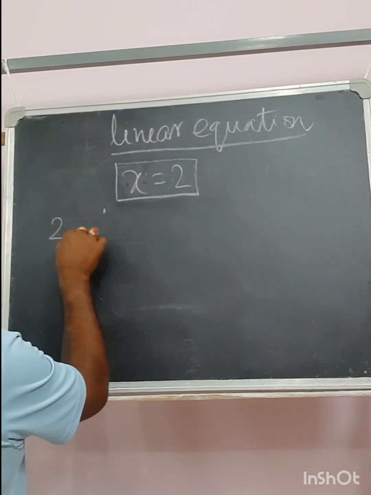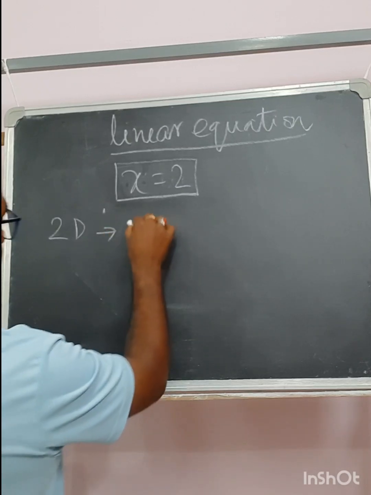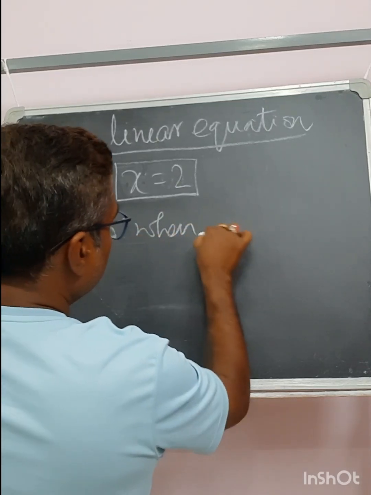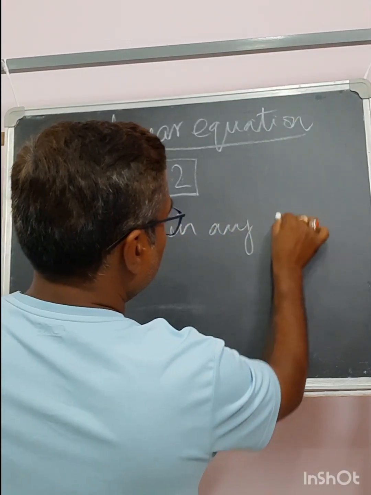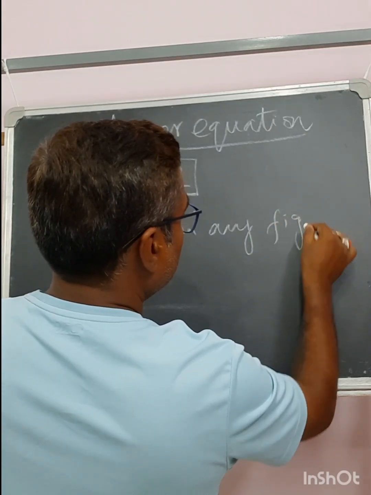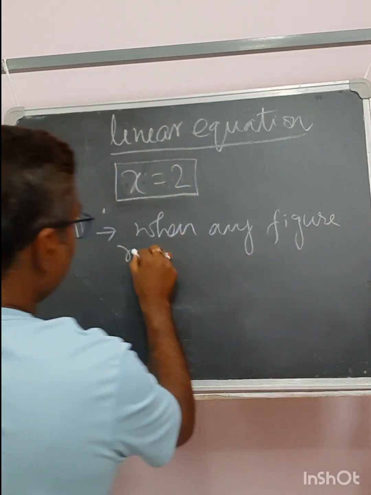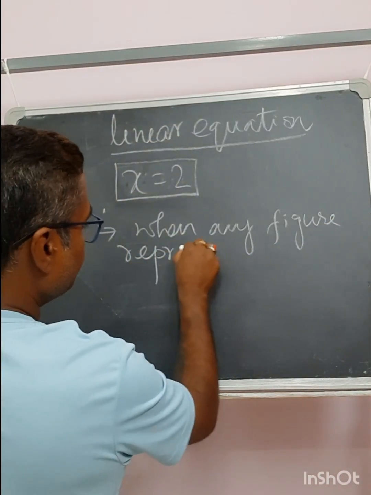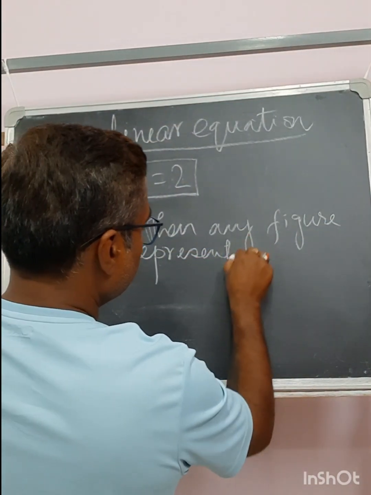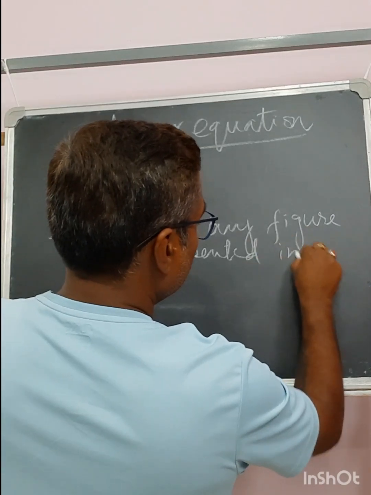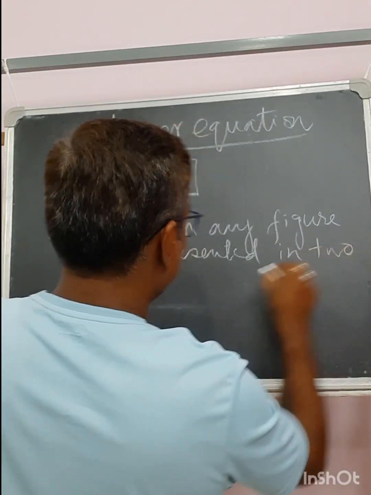2D means when any figure is represented in a two-axis system.